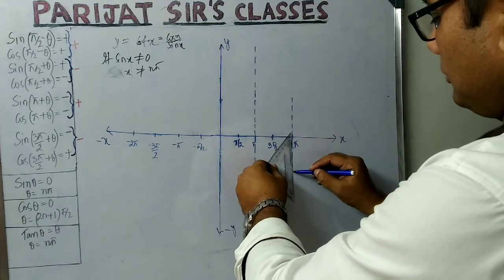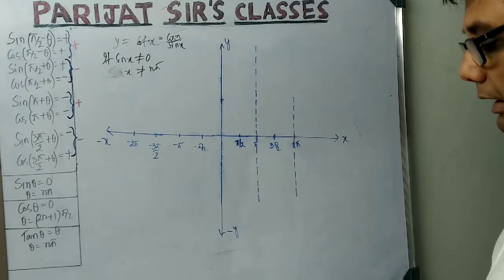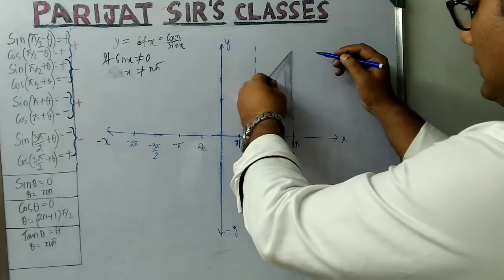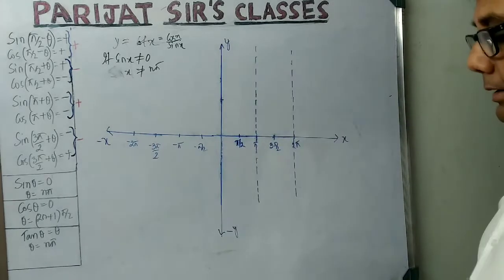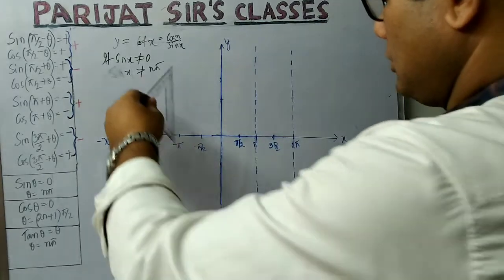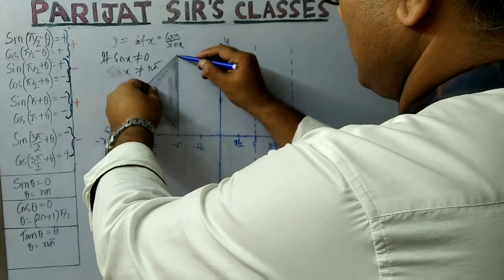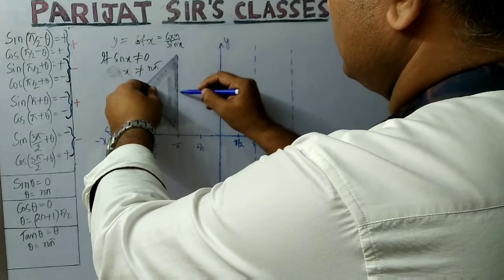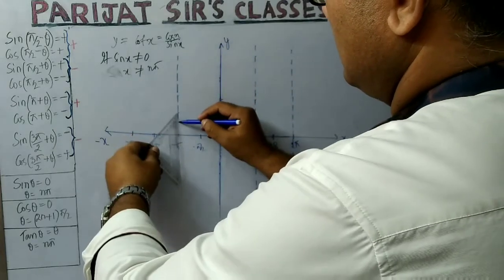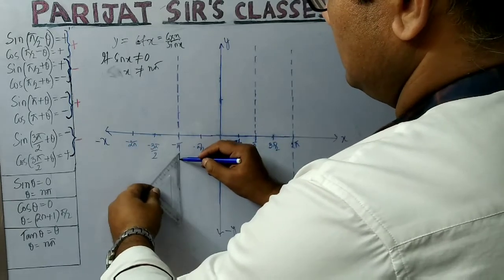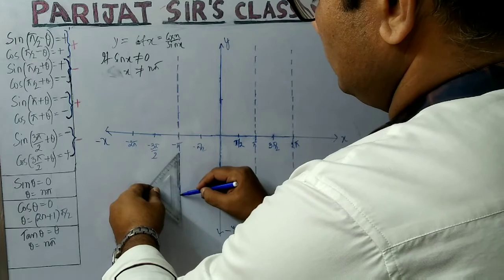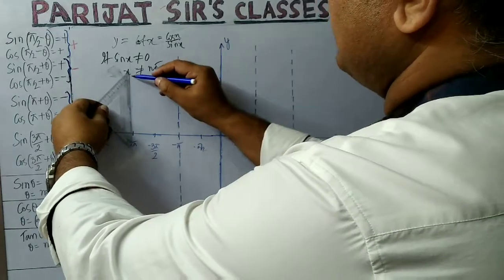At this point also I'll try to show you on both sides. We cannot choose values where x equals n pi.